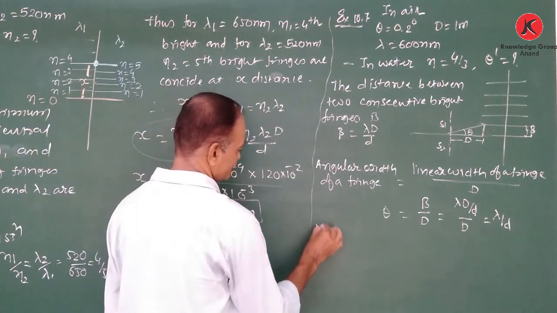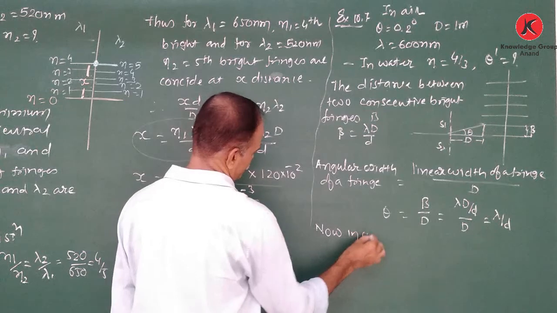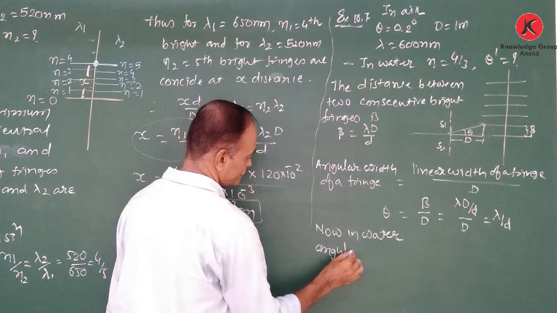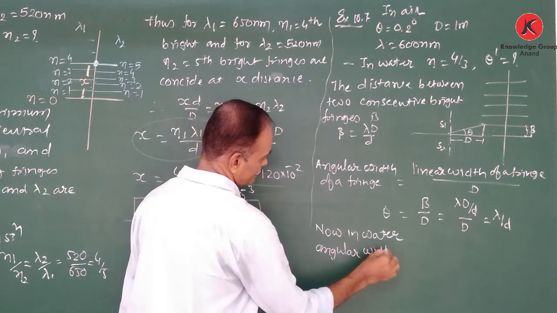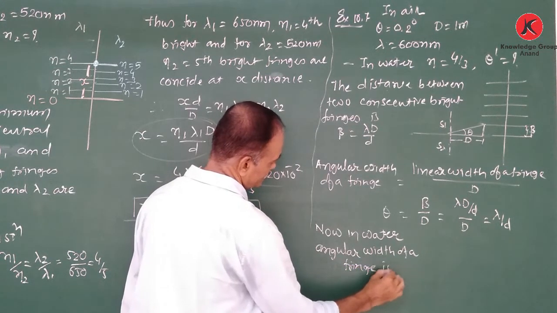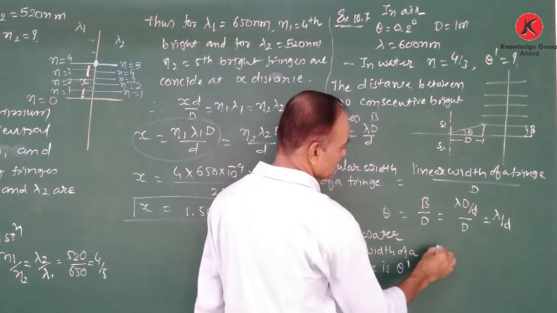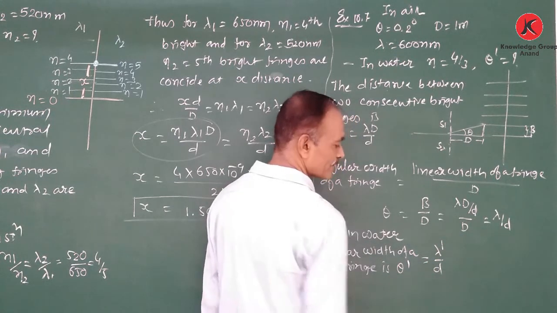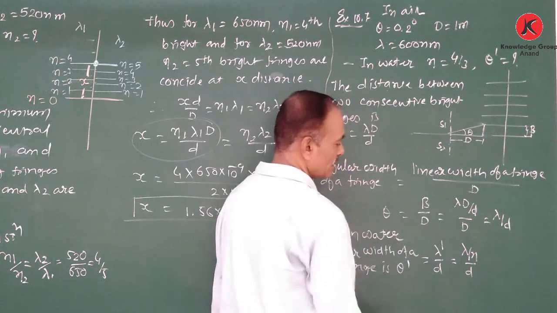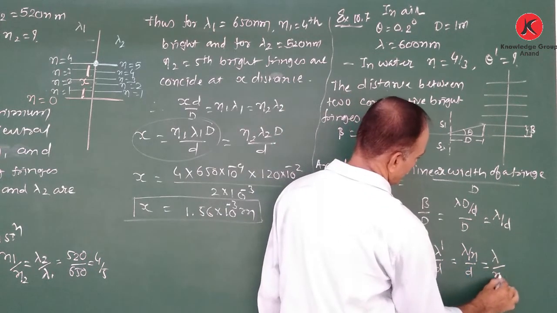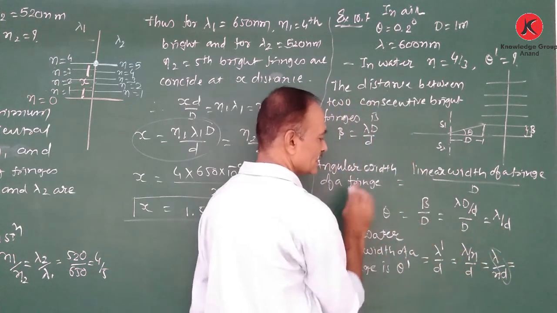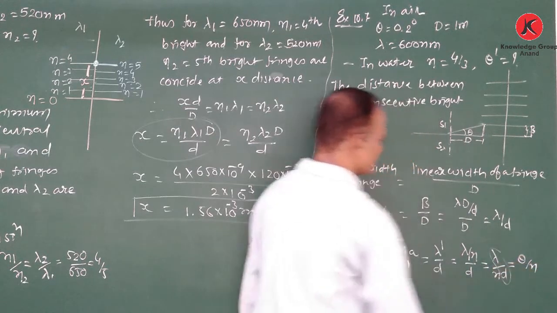Now in water, the angular width of a fringe is theta dash. Theta dash is equal to lambda dash upon d is equal to lambda upon n d. Therefore, lambda upon nd, now that is our theta, so theta upon n.